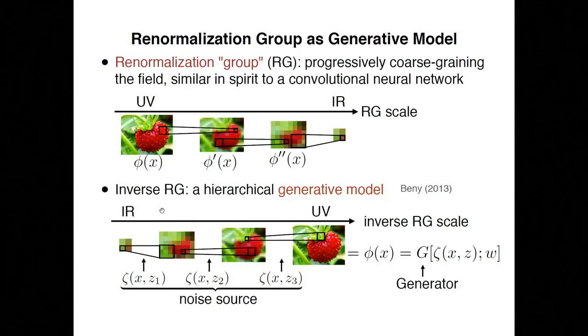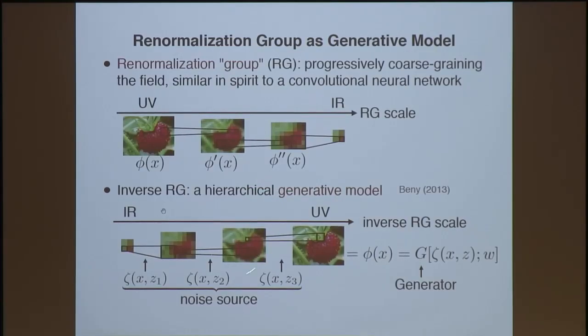But during this process, you are losing information. So usually we think that it's hard to invert this renormalization procedure, so it doesn't really form a group. But suppose the irrelevant degrees of freedom you throw away are really irrelevant to you, then why do you care about them? You should think about them as random noise.